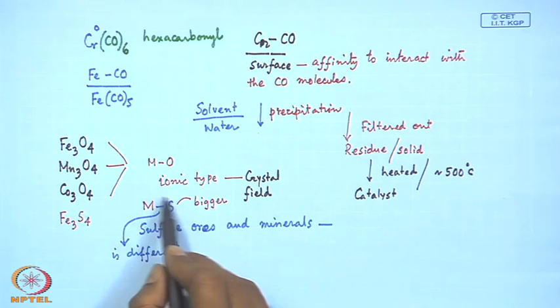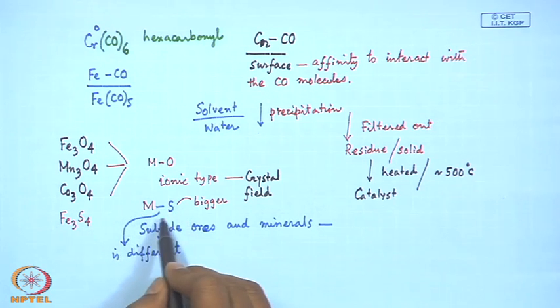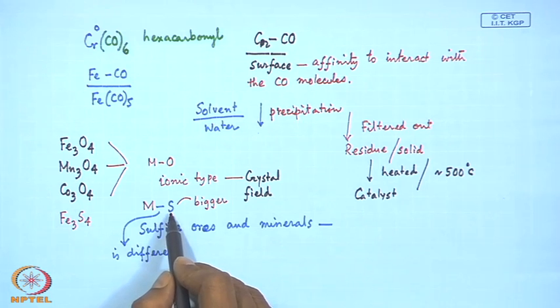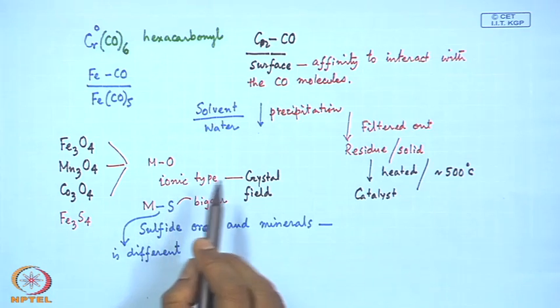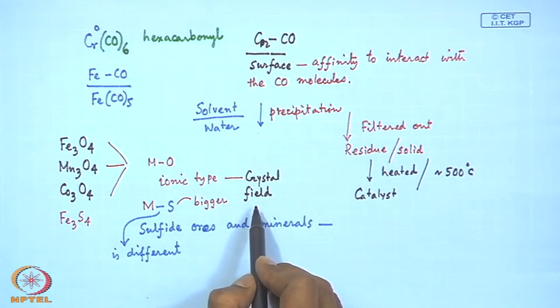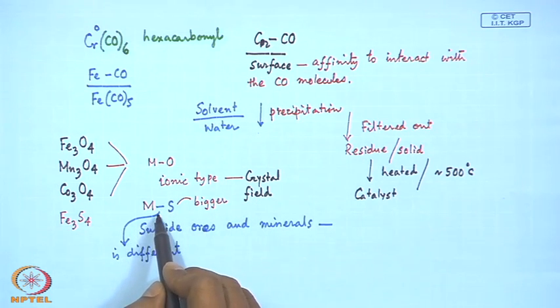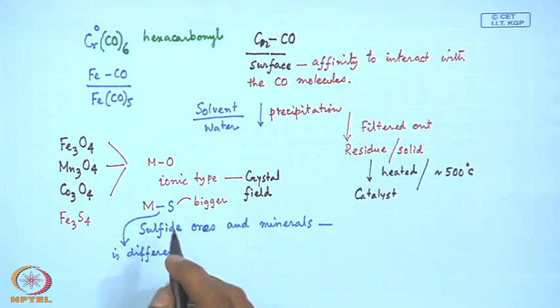Due to this covalency generated by the bigger sulfur atom attached to the metal, the interaction between the metal and the sulfur center is not purely ionic, and the nature of these spinels is a little bit different.